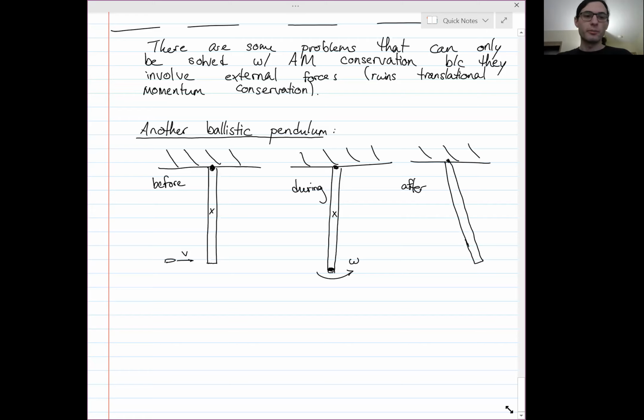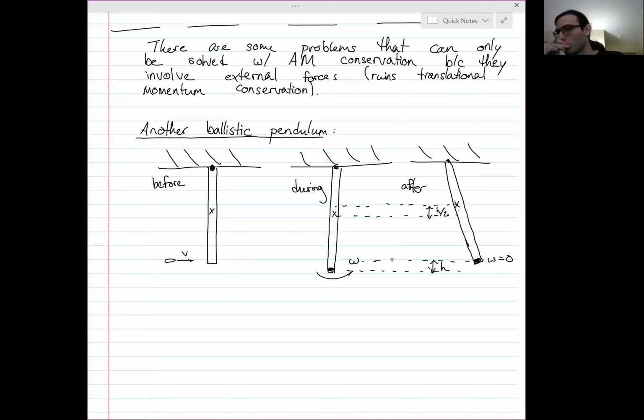Terrible job drawing, I'm sorry. We have our bullet here. Angular velocity at this point is 0 because it's reached the top of its arc, and then it'll fall back down. But the important part is that notice how the center of mass went higher, and notice that the bullet went higher. So this distance, maybe call it h. Then this would be h over 2, since we know the center of mass is in the middle.